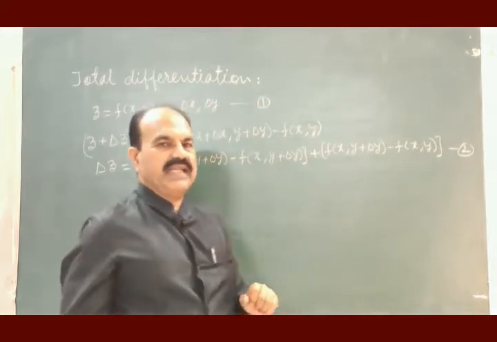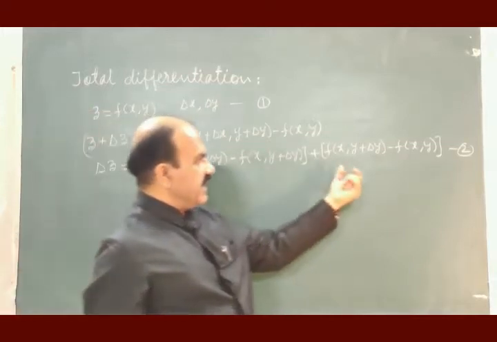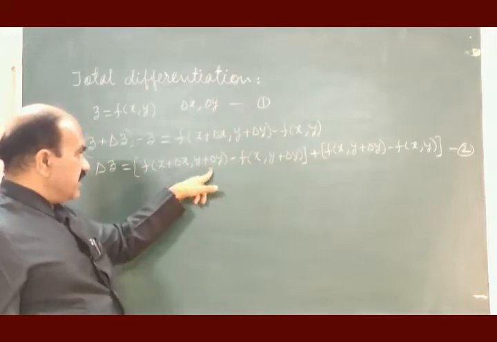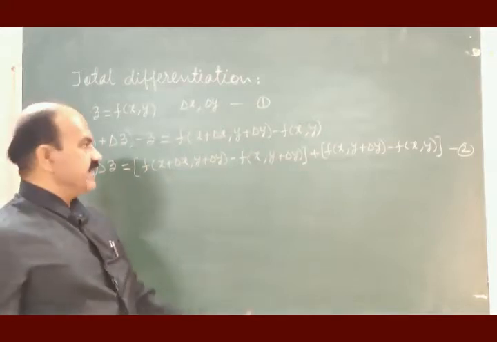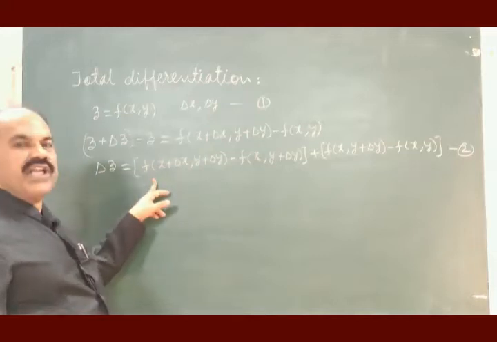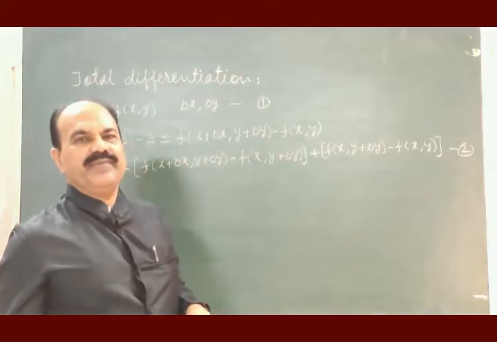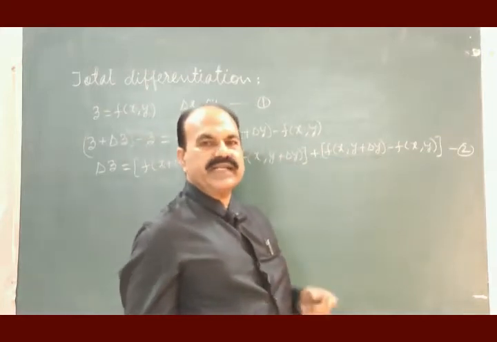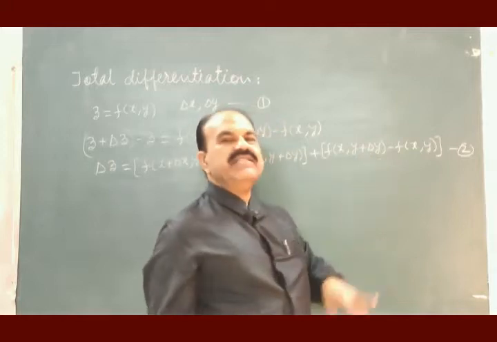Okay, then let us have a close look in the first square bracket, then in the second square bracket. What we find here? Y plus delta y is the same, constant. X plus delta x. It means that the function f in the first bracket acts as function of x only because y is remaining constant. Let us go to second square bracket. X, y plus delta y.